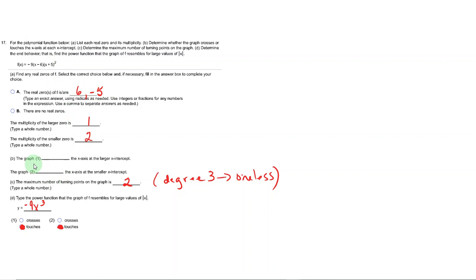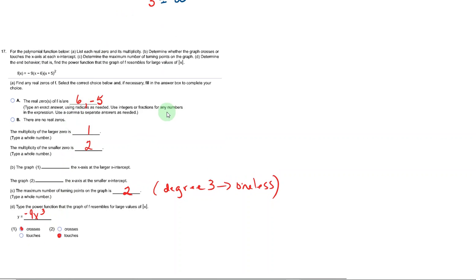B, the graph, let's see. So the question is saying, does the graph touch, here's your choices, cross or touch at the larger x-intercept? Well, remember 6 is here, that's the larger one. It's an odd degree, so for the largest one, it's going to, okay, I had to correct that real quick.